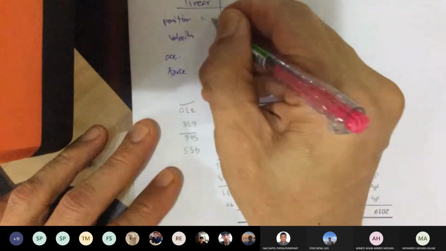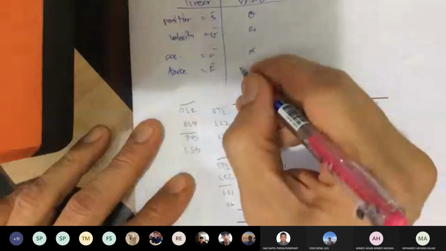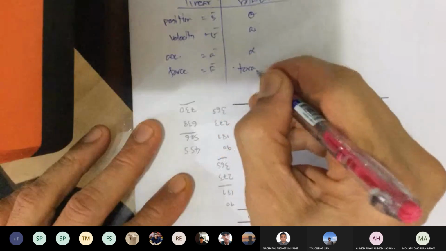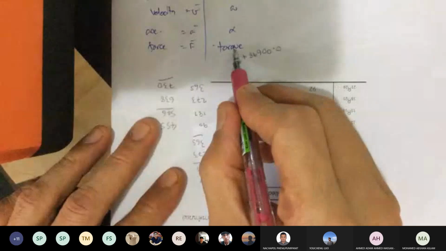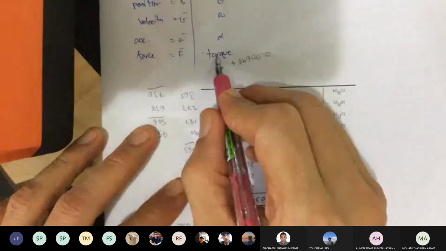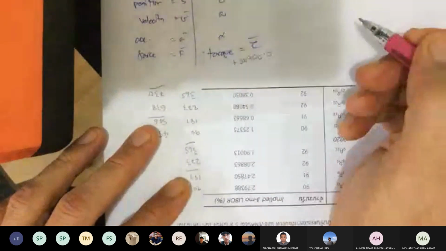Depending on the book, these are S, v, a, F. Here would be theta, omega, alpha, and the one related to force, which you can think of as a twisting force. We call this torque. Torque is an important parameter in rotational motion. The symbol that we use is tau, a vector quantity.